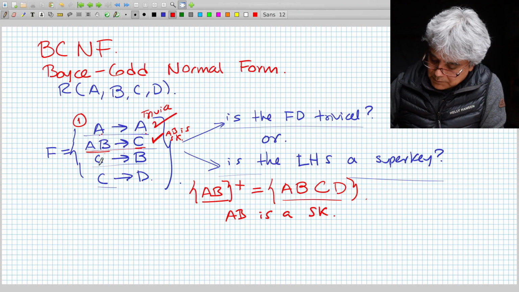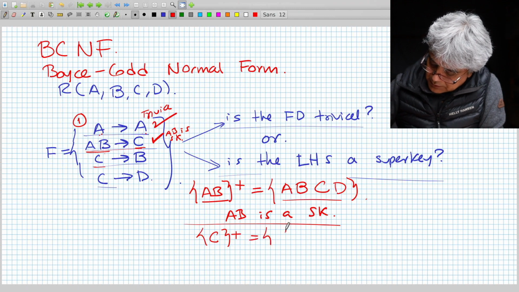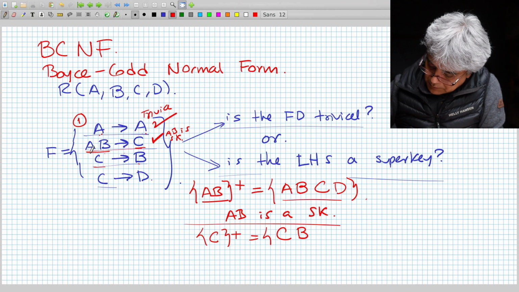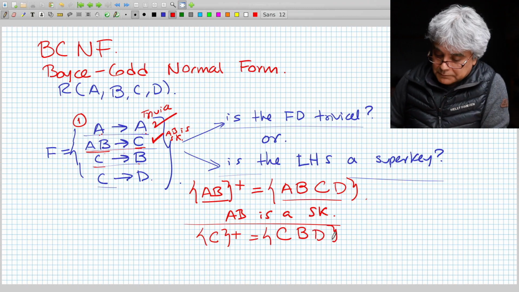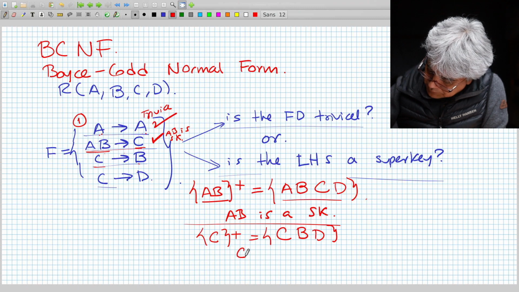Let's go to the next one. Is C a superkey? Well, C gives me B, and then C also gives me D, and that's all. I cannot add A. So C is not a superkey.